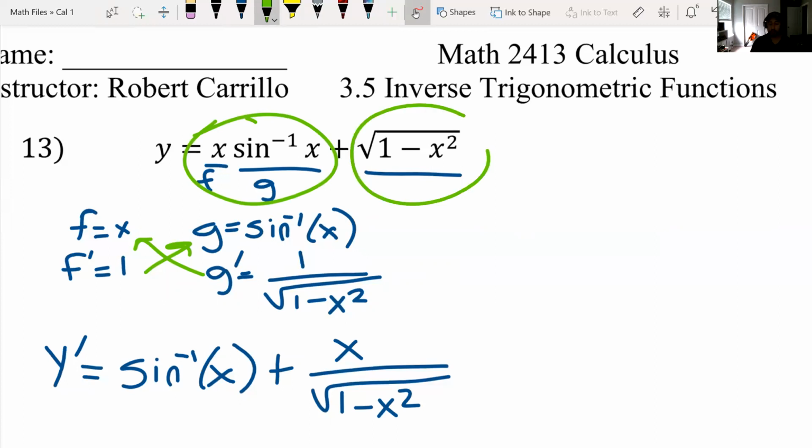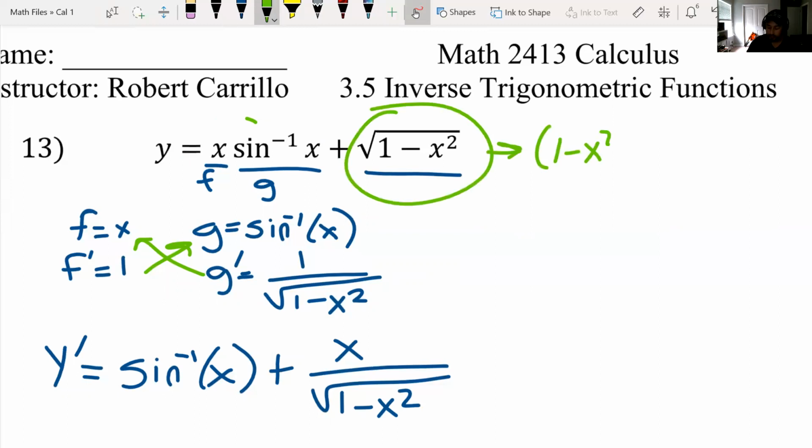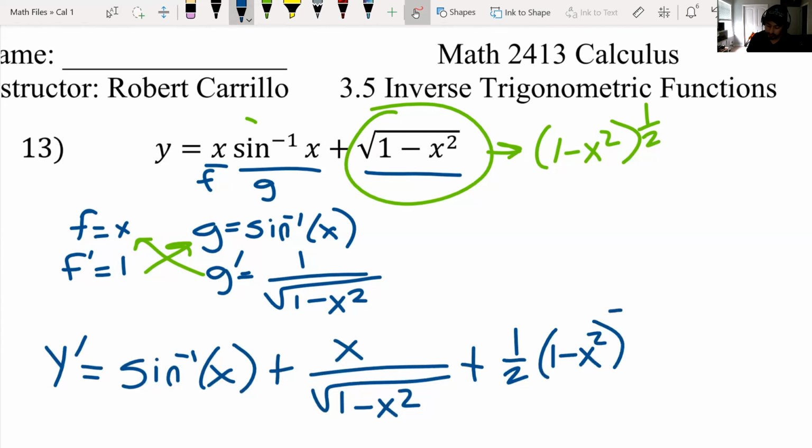We still need to take care of the derivative of this part, okay? So circle that and rewrite that as 1 minus x squared to the 1/2. So now let's take the derivative of that using the chain rule, and you'll get plus 1/2 times 1 minus x squared to the negative 1/2 times negative 2x.